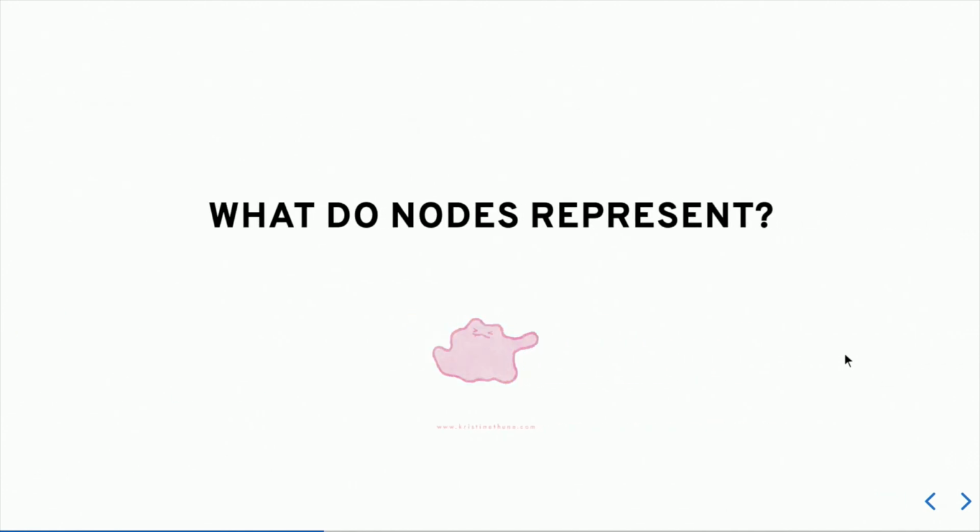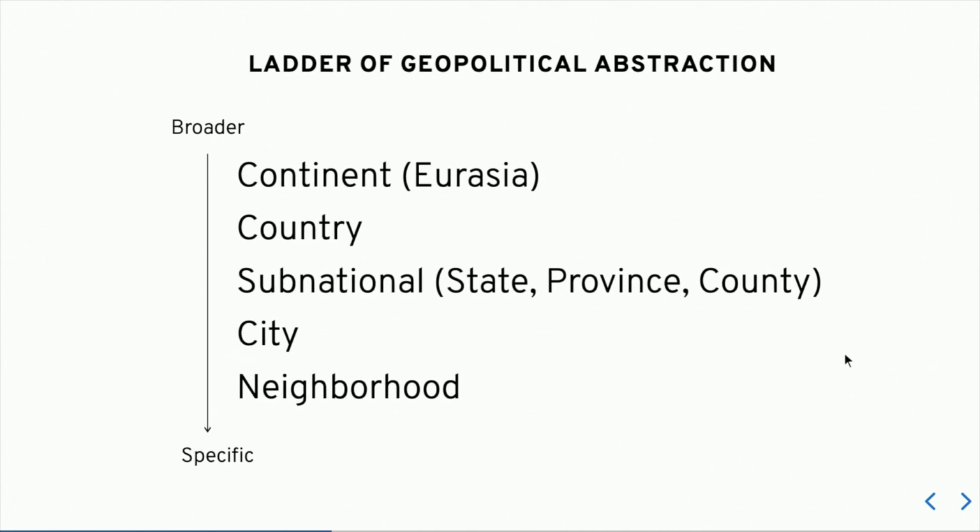But this leaves us with one open question, which is, what do we want our nodes to be? What is the unit of our map? We don't have to pick just one thing, and we can lean on the mapping world to help. Consider how we define political bodies. There's a spectrum of abstraction going from continent all the way down to neighborhood, with many steps in between.